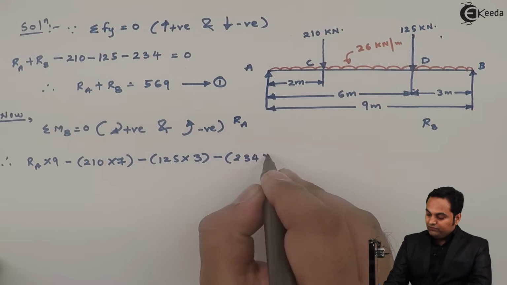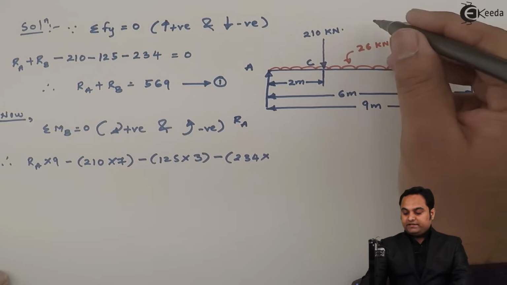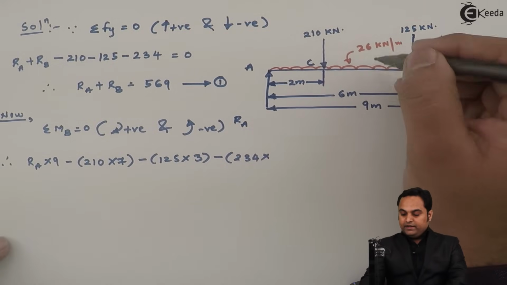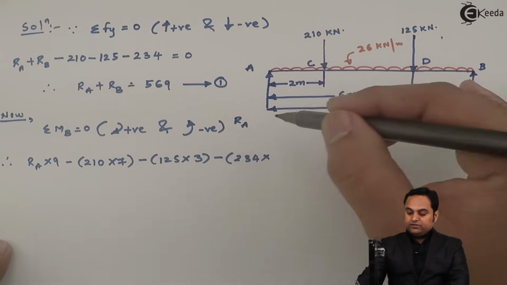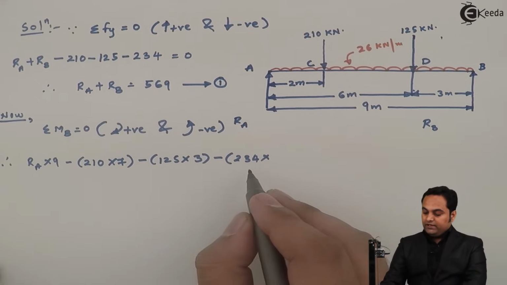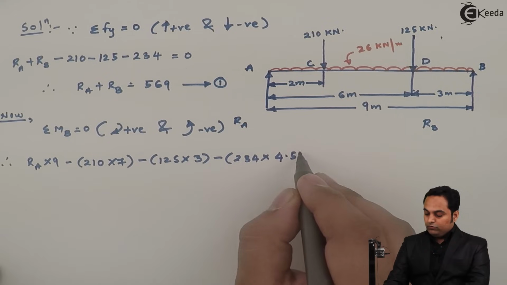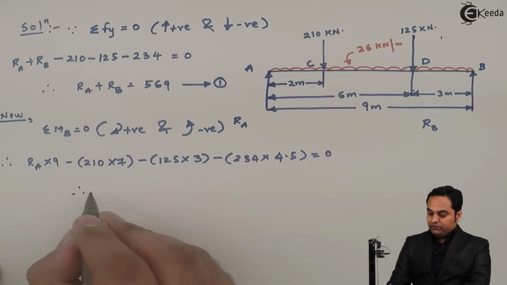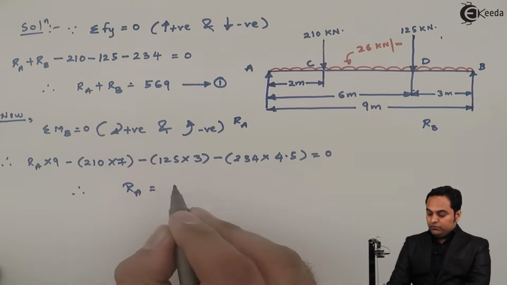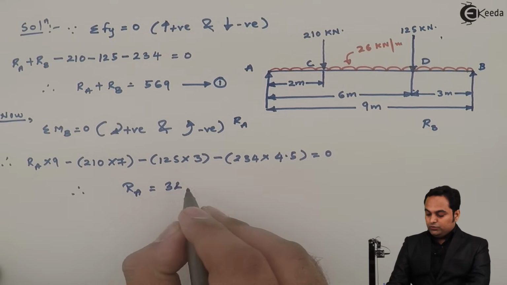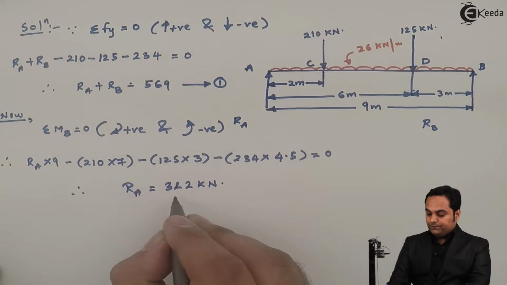So minus 234 into this UDL will be acting when it is converted into point load at exactly half of the beam, that is 4.5. So minus 234 into 4.5 is equal to 0. So here I'll get RA value, which comes out to be 322 kilonewton.